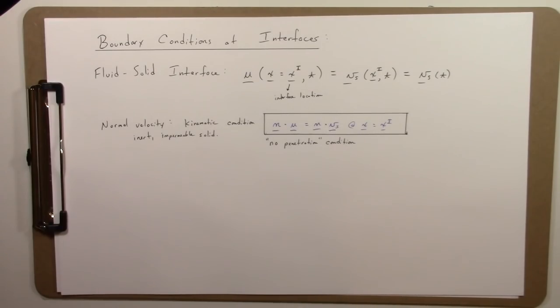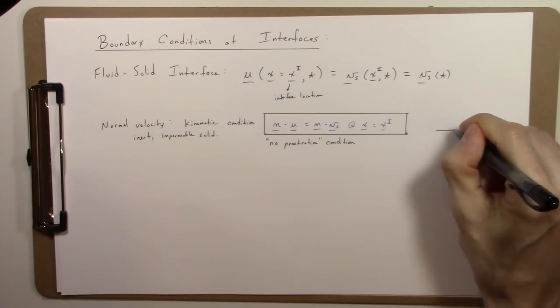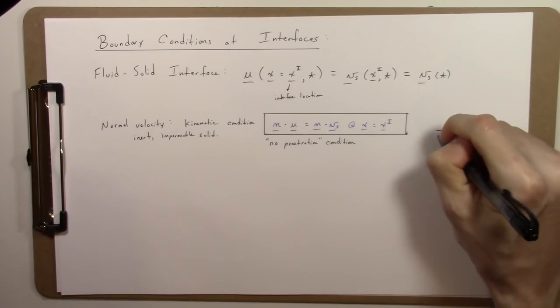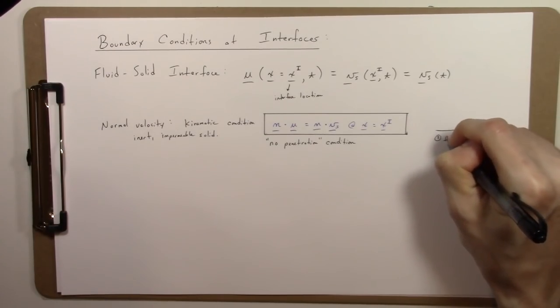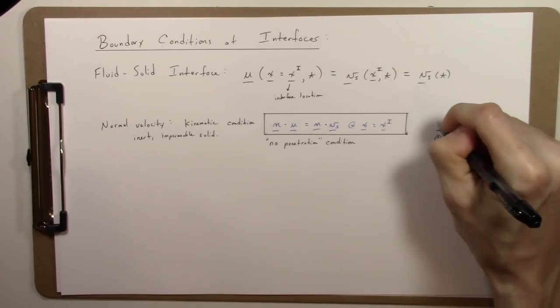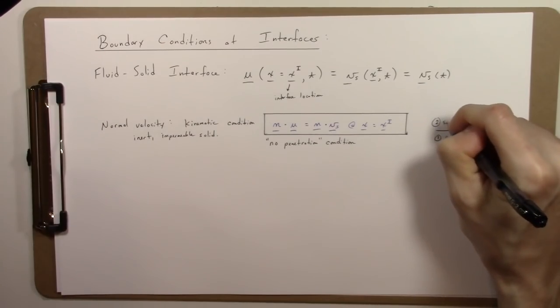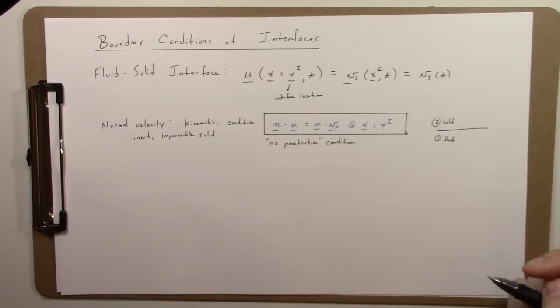And so we can define the interface, and you can define the normal vector pointing from one phase to another. By convention, we typically take the fluid to be phase 1 and the solid to be phase 2, or vice versa.